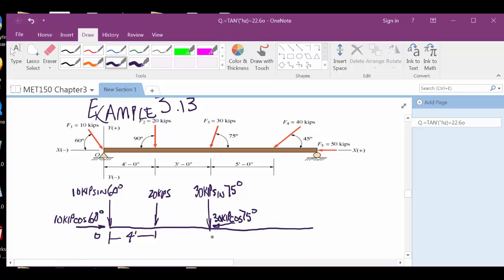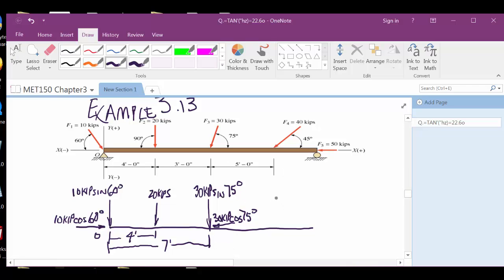And then you've got, oh, and that distance is 7 feet. Okay. Then we've got, I'll have to move that up eventually here.